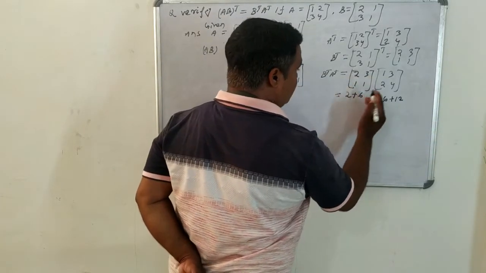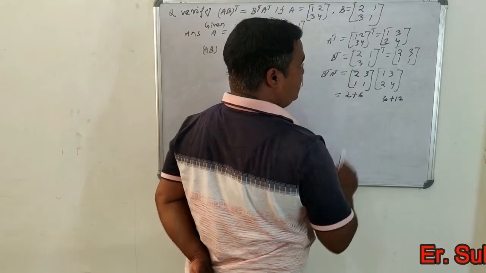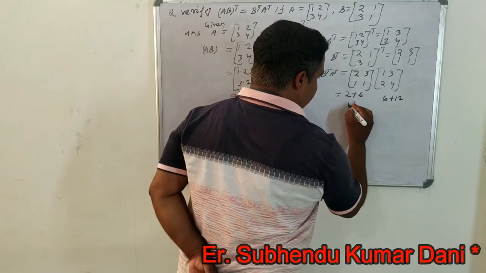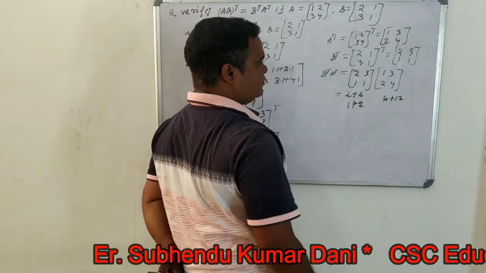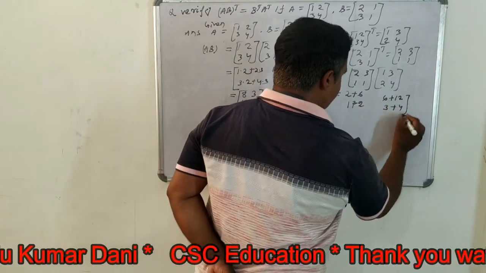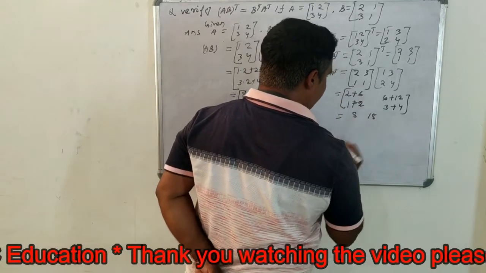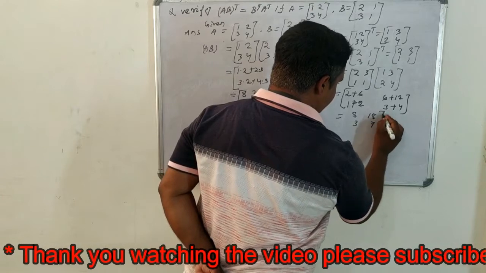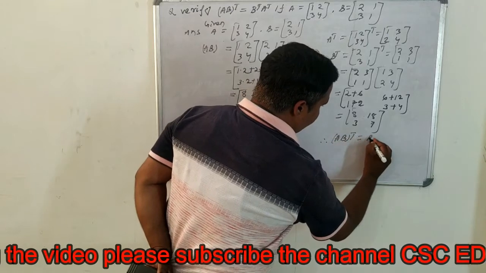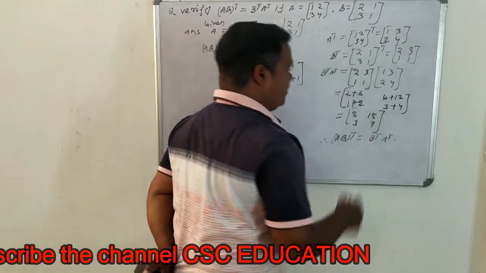Second row: 1 into 1 plus 1 into 2 is 3, and 1 into 3 plus 1 into 4 is 7. So the values are 8, 18, 3, 7. Therefore the transpose of AB equals B transpose times A transpose. Verified.